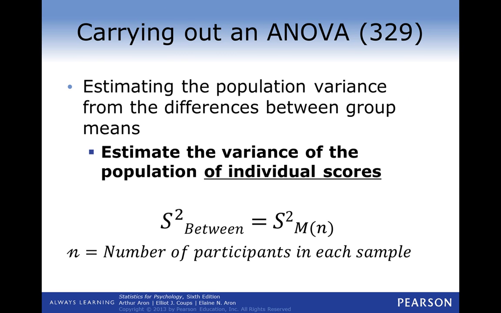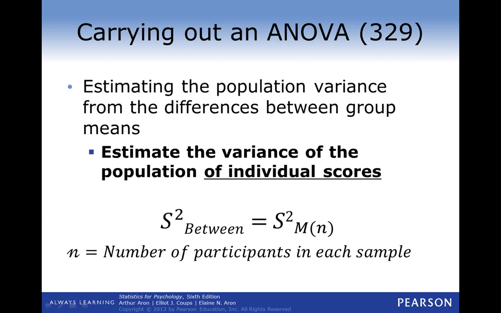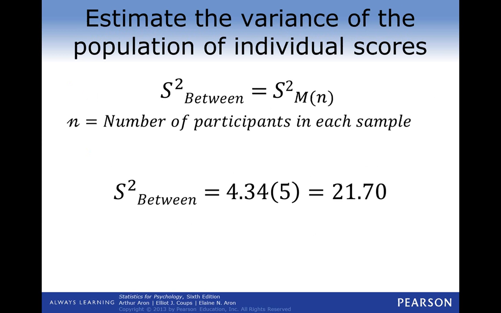We are now going to take our estimated variance for the distribution of means that we calculated, our 4.34, and multiply it by the number of participants in each sample. We had 5 participants in each group. We're going to multiply 4.34 times 5, and it's going to give us 21.70.